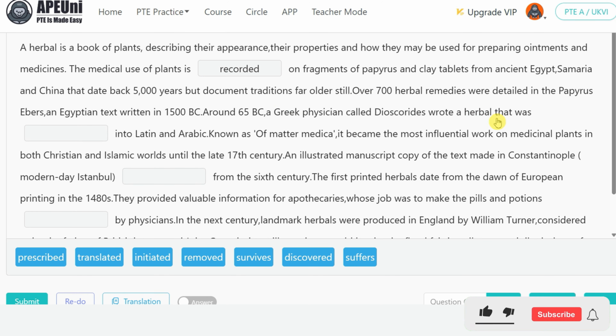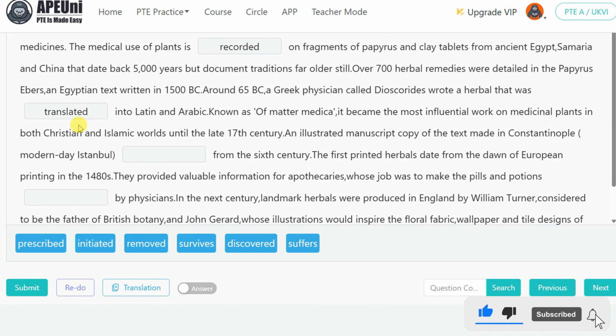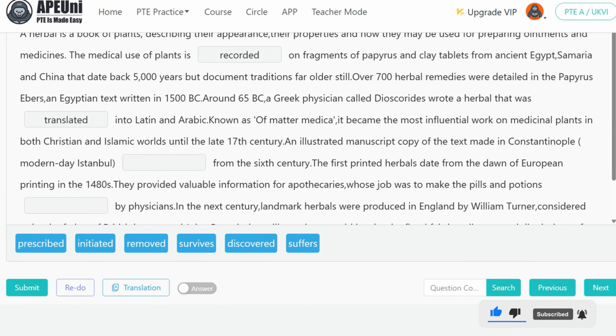Next, we do have a herbal that was dash into Latin and Arabic. So the Greek physician who wrote a herbal that was dash into Latin and Arabic. Now we are having languages here, and we do have the option translated, which relates to the languages. Make sense? So we do have translated for the second blank.